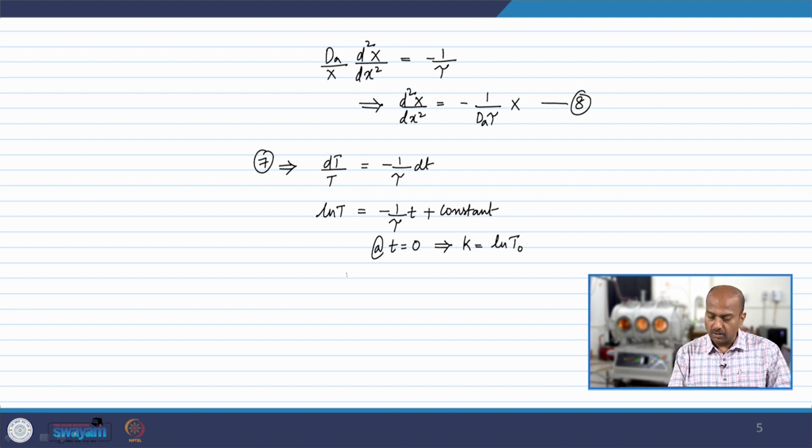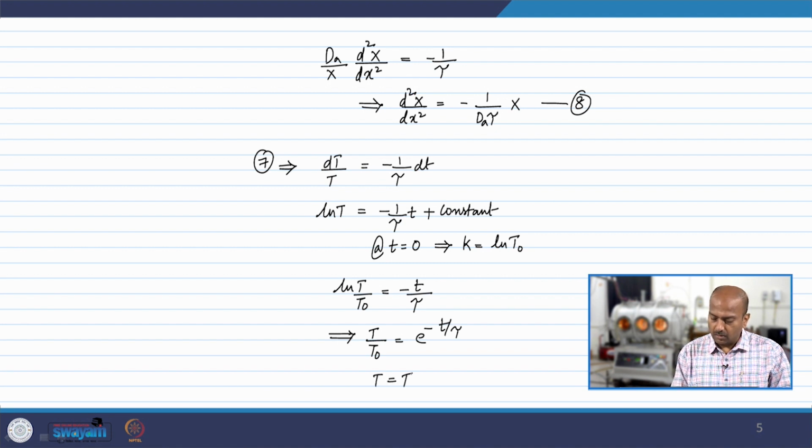So, substituting this, we can write ln of T by T naught is equal to minus t by tau, or T by T naught is e to the power of minus t by tau, or T is equal to T naught e to the power of minus t by tau.